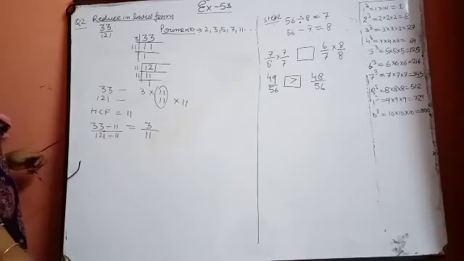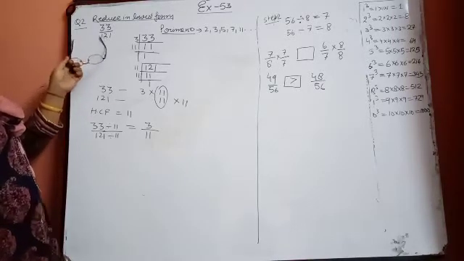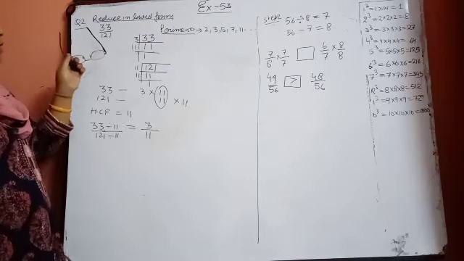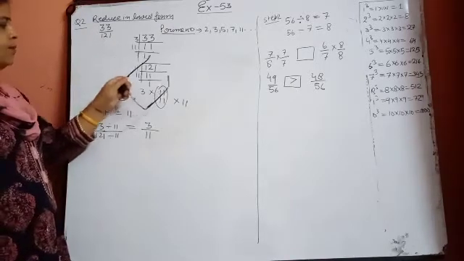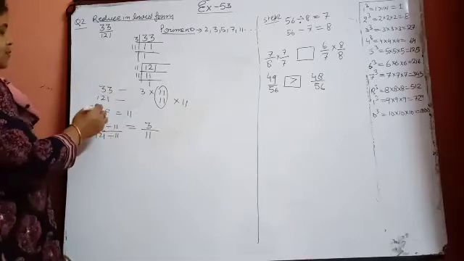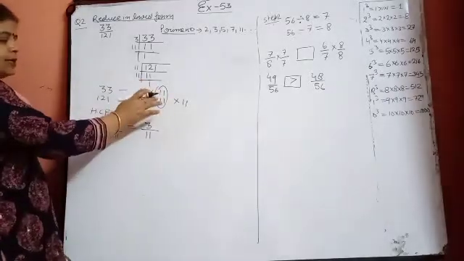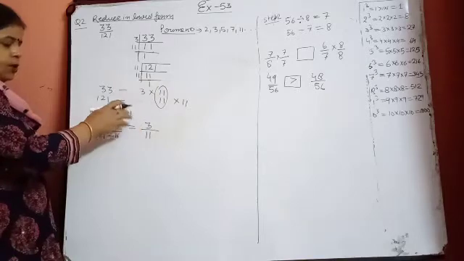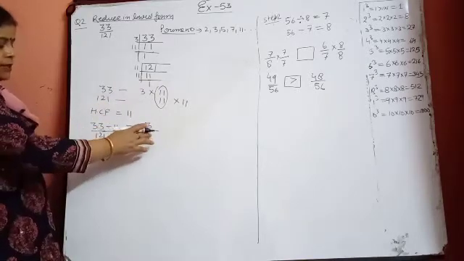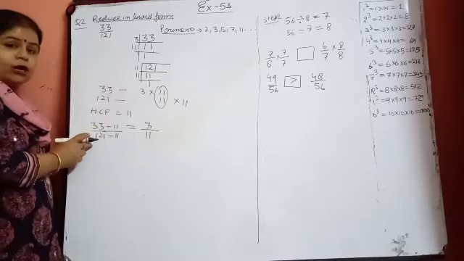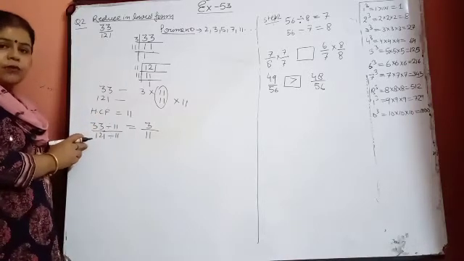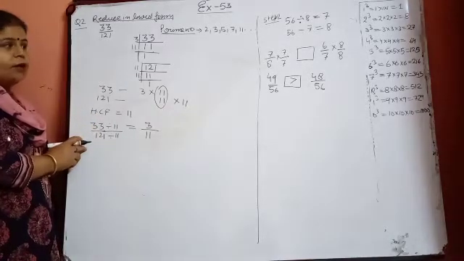What have we done? We did the prime factorization of numerator and denominator both separately and then took the SCF. Take the common factors, circle them, and that will be your SCF. After taking the SCF, do the division by that SCF in numerator and denominator. In this way you will get the lowest form of that fraction.